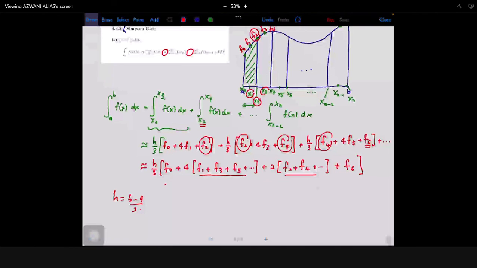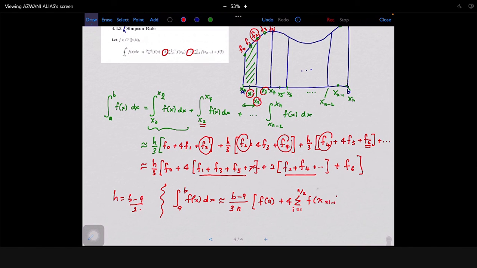So dalam kes ni, kalau kita tulis formula dalam bentuk general form, yang ni sebab kita dah combine kan. So kalau dalam formula form, dia akan jadi B minus A over 3n. Okay, n ni kita pecahan of the subinterval. Pada FA, dia single je. Plus 4, okay. Pada I is equal to 1 up to n over 2. Which is, ni dia punya general form lah. Tapi dia sebenarnya ambil pada titik yang tengah tu je lah.